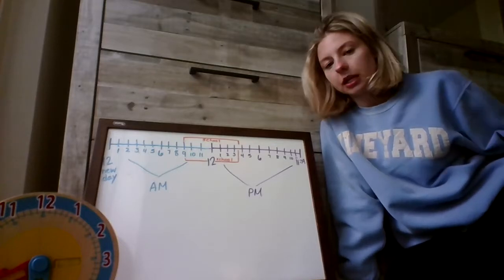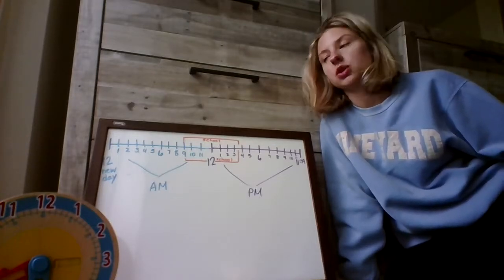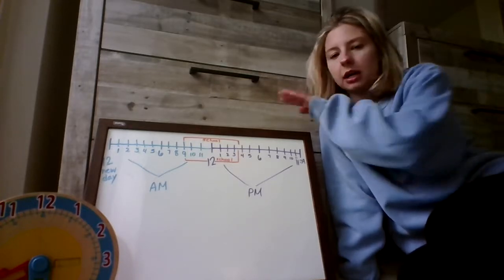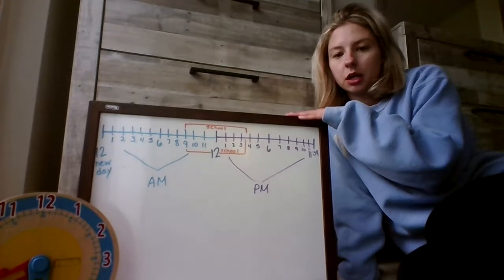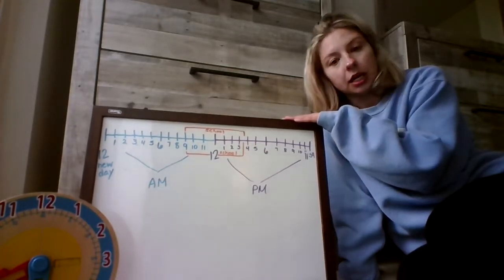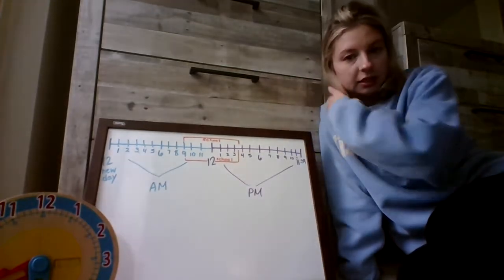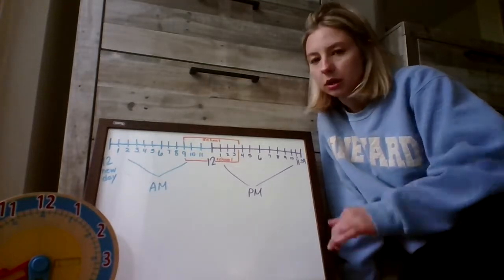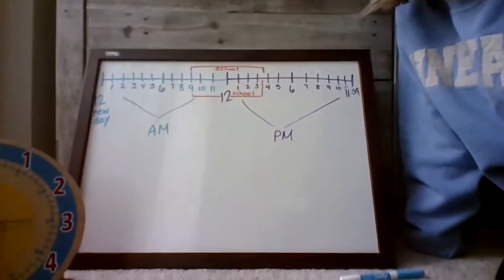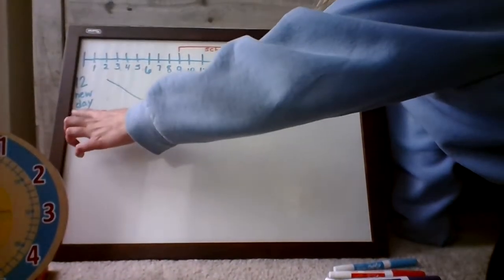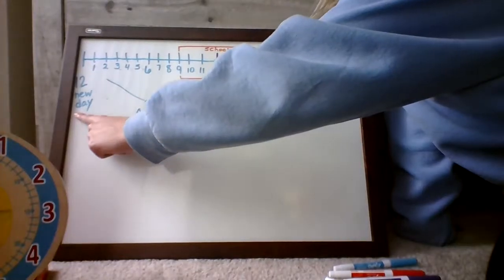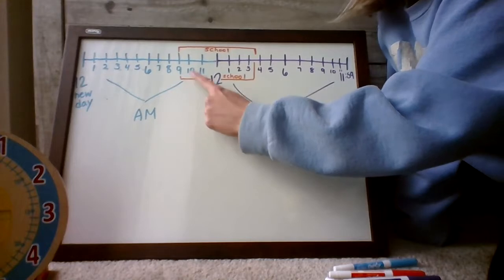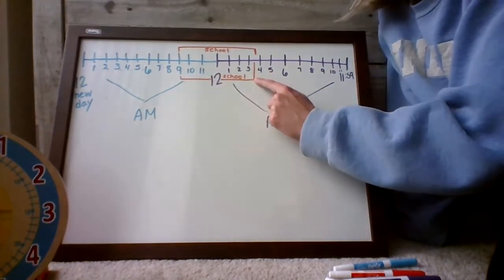So we're going to be looking at time and how much time has passed. I have in front of me AM and PM, like a line plot, a line chart, and it tells you when the day starts and when the day ends. Let me remind you, the blue writing is AM. Our new day starts at 12 a.m. The orange writing are the hours we're in school, from 9 to 3:30.